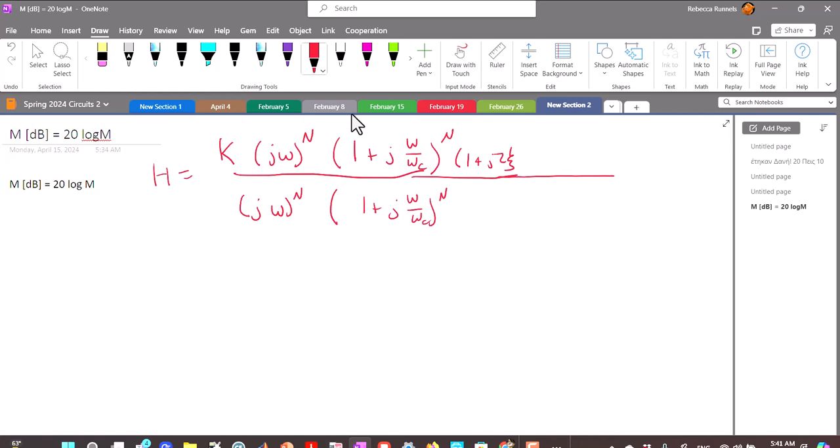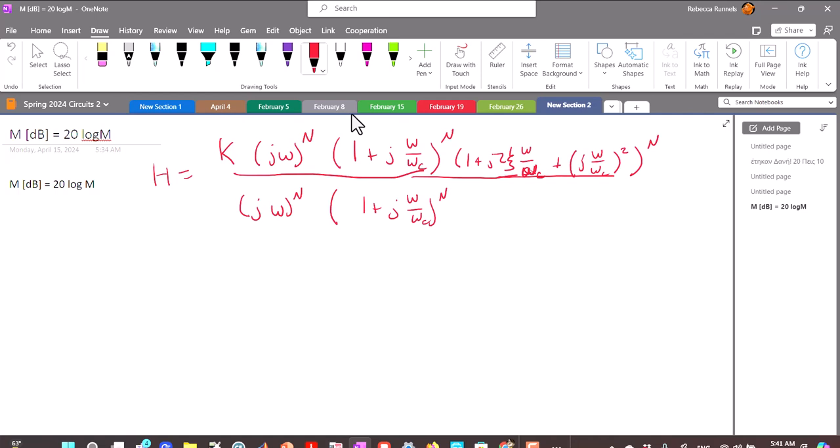So that's j2 zeta omega over omega C, that's an omega C, corner frequency, plus j omega over omega C squared, to the n power.